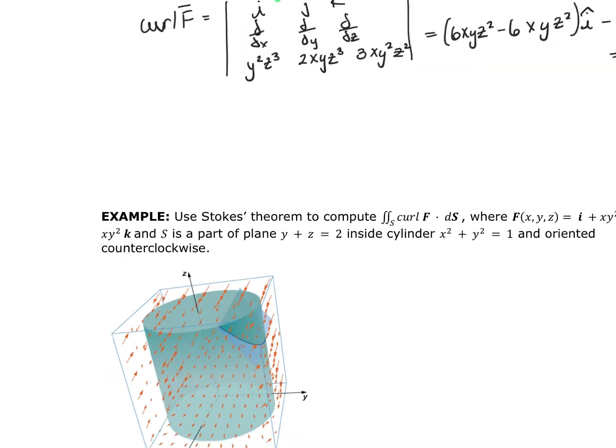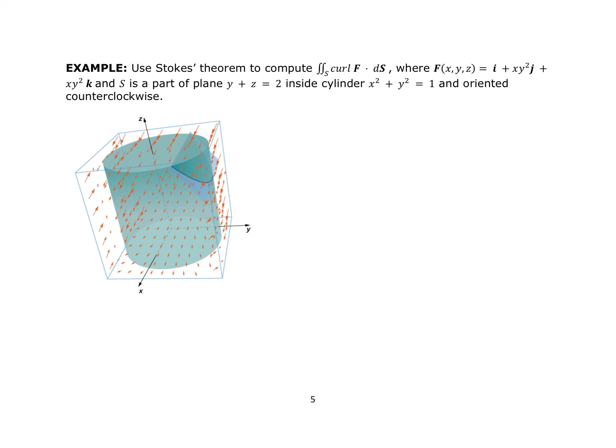It's not too bad. So on this one, we're going to use Stokes' theorem to compute the integral along the surface S of the curl of f dotted with n ds, where f of x, y, z is equal to i plus 3y squared j plus xy squared k, and S is part of the plane y plus z equals 2 inside the cylinder x squared plus y squared, and it is oriented counterclockwise.